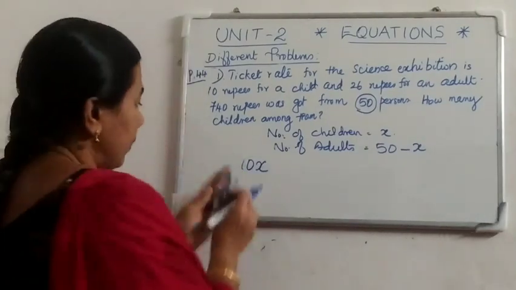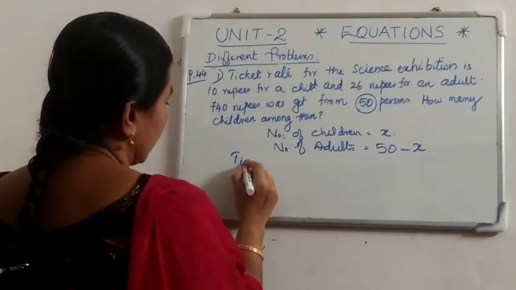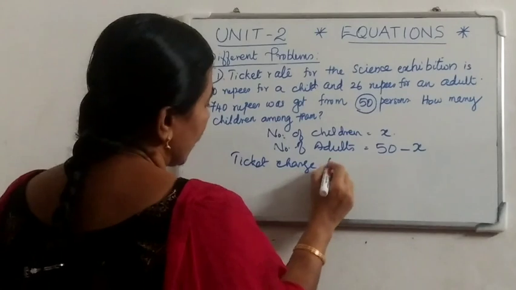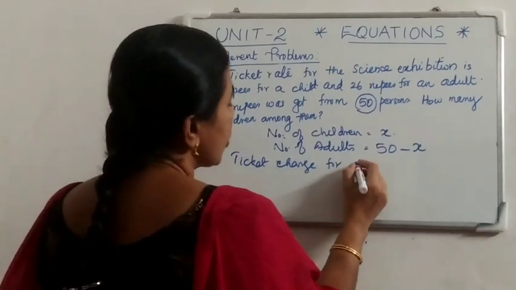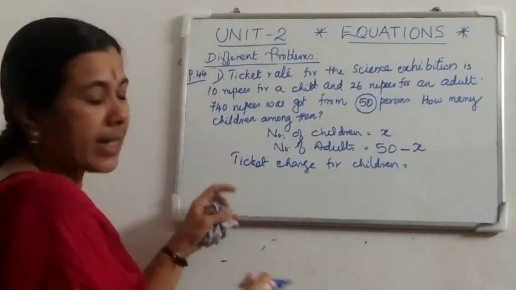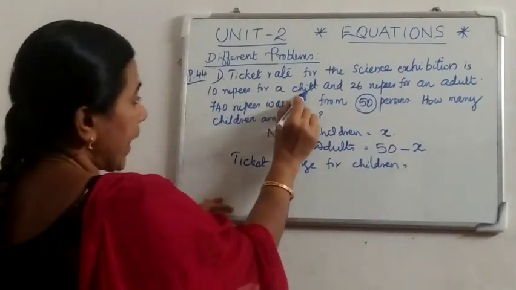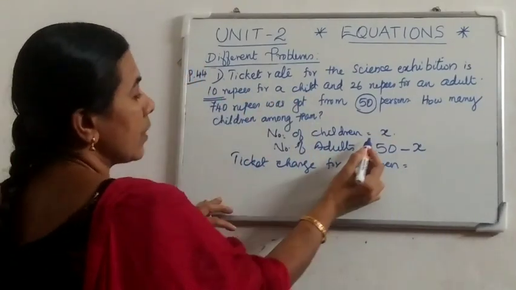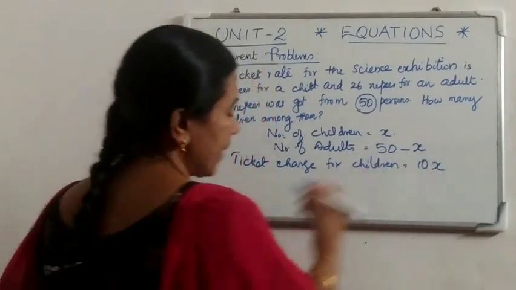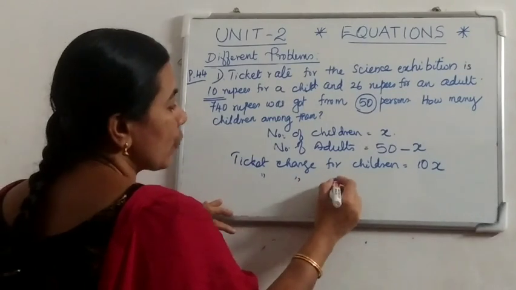Okay, one more step. Ticket charge for children. How much ticket charge for the children is? For a child, 10 rupees. For how many children came? X children, therefore 10x. Ticket charge for adults.